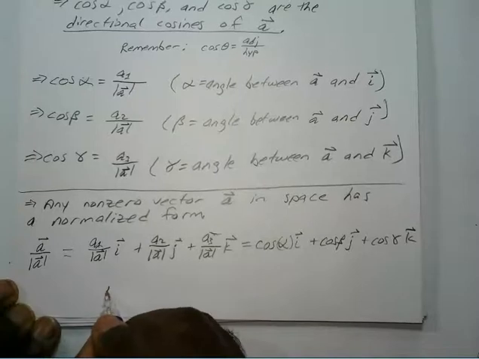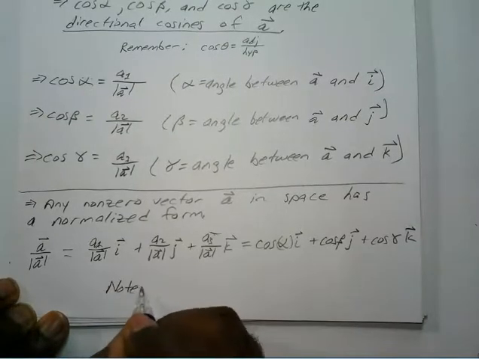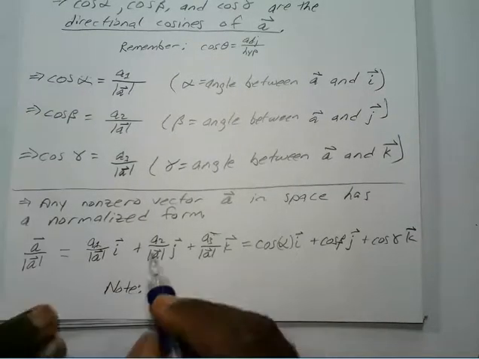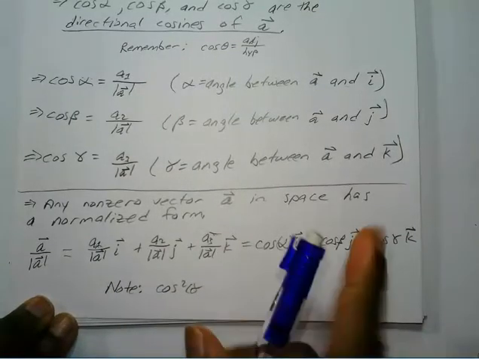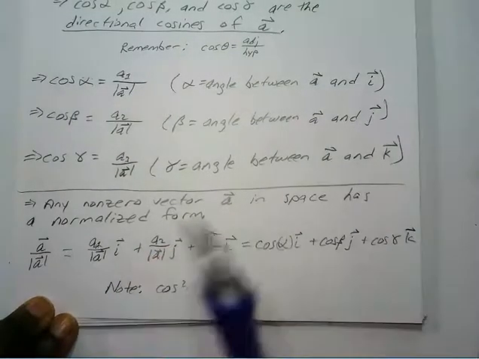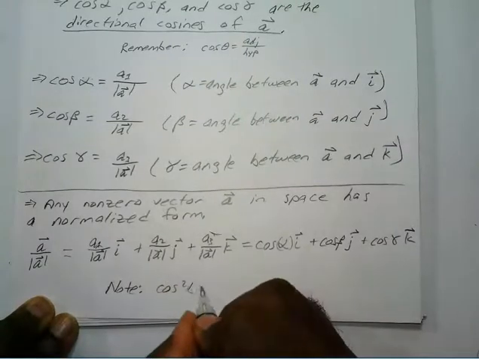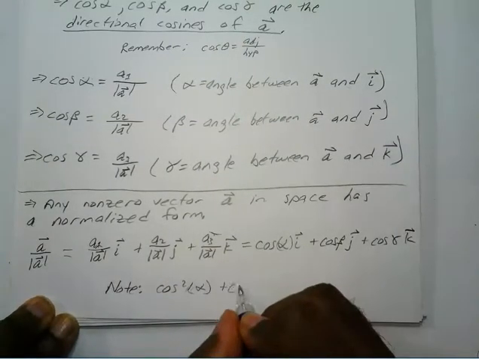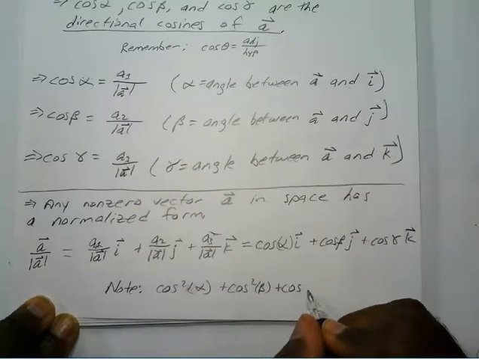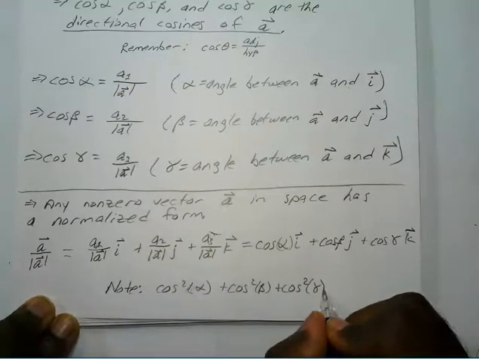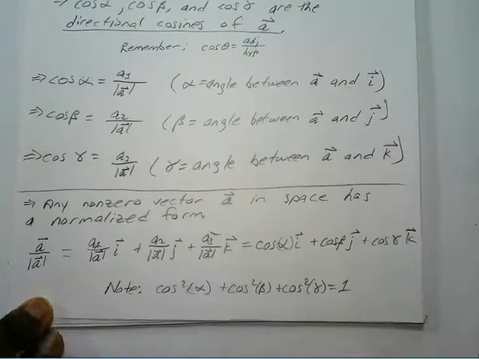Okay, and a last note on this page. Our cosine squared alpha, why do I keep confusing my alphas and my gammas, plus cosine squared beta plus cosine squared gamma is actually equal to 1.